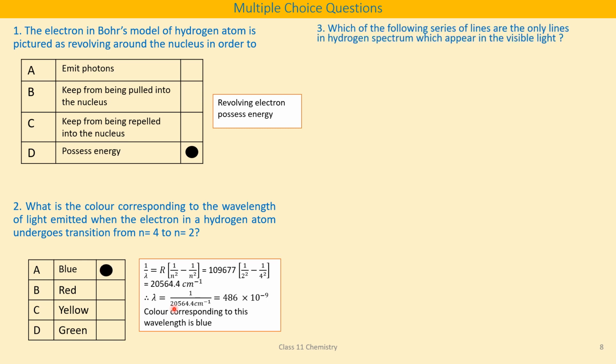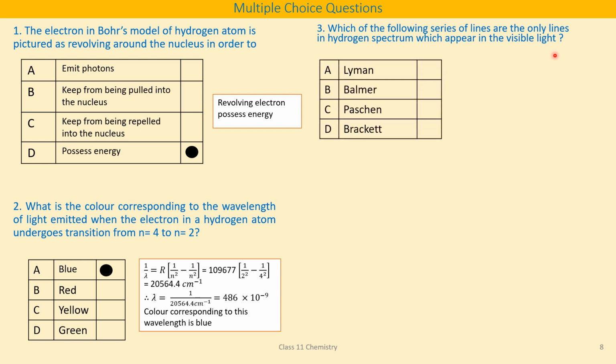Next question. Which of the following series of lines are the only lines in the hydrogen spectrum which appear in visible light? As you know, there are many series of lines falling under the infrared region, ultraviolet rays and visible light. So you have to identify. You are given 4 options.